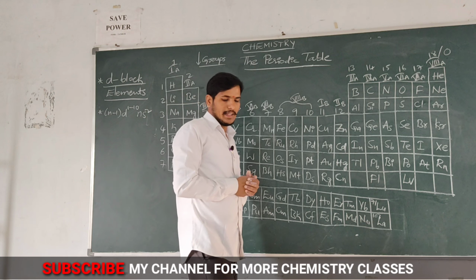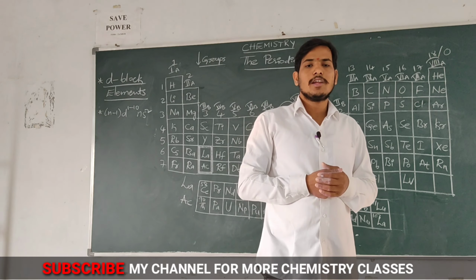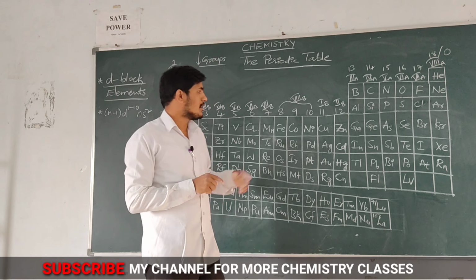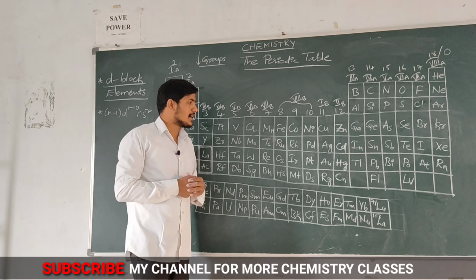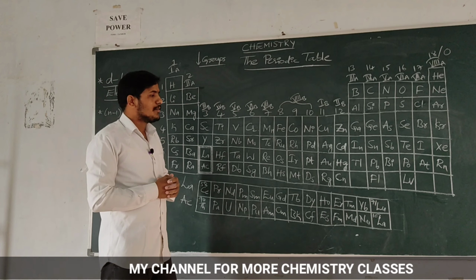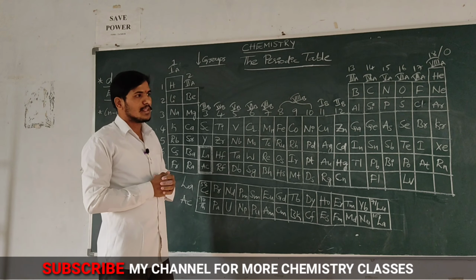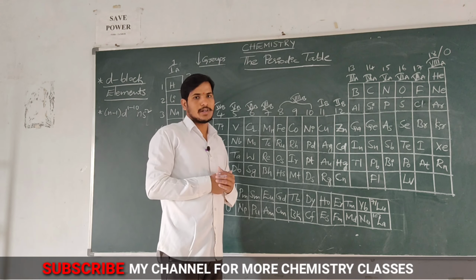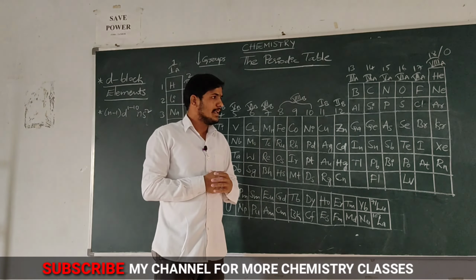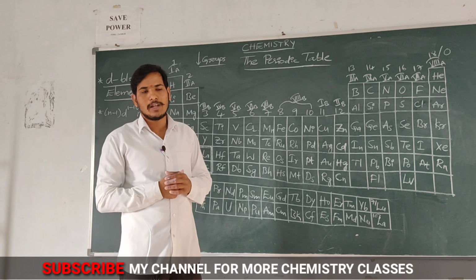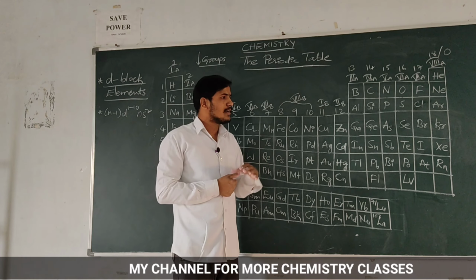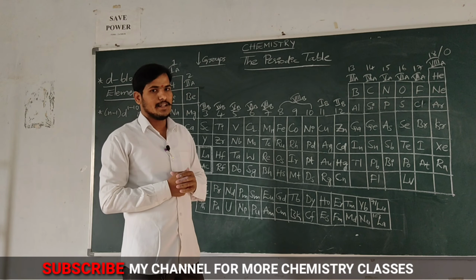Catalyst means it does not itself get involved in a chemical reaction, but increases or decreases the rate of the reaction. The definition of catalyst is very important, so students listen carefully.